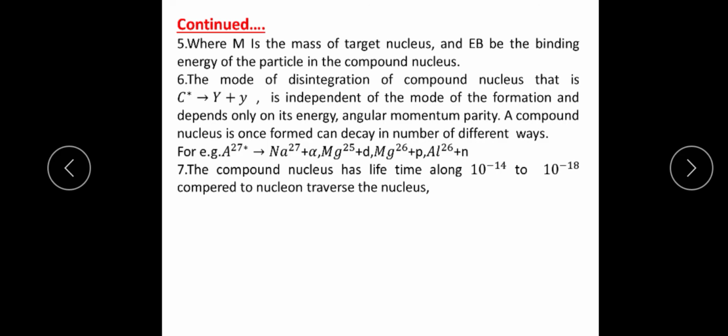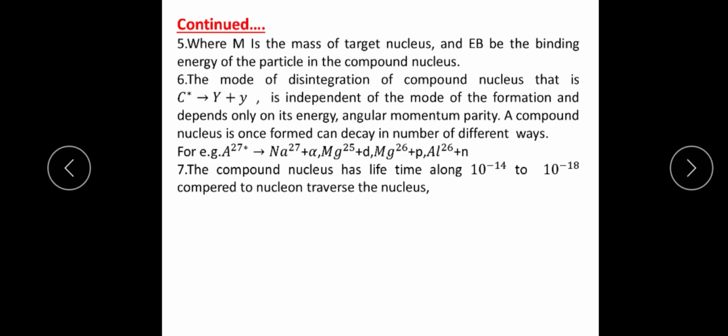A compound nucleus, once formed, can decay in a number of different ways. Means when a compound nucleus is formed, it can decay in different ways. First one, it can decay to sodium 27 with emitting an alpha particle, magnesium 25 with emitting deuterium, magnesium 26 with a proton, and aluminum 26 plus a neutron.